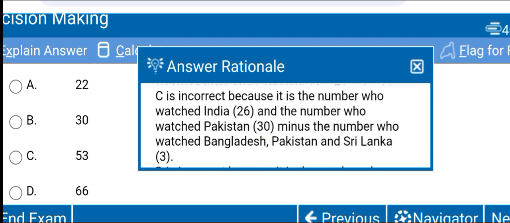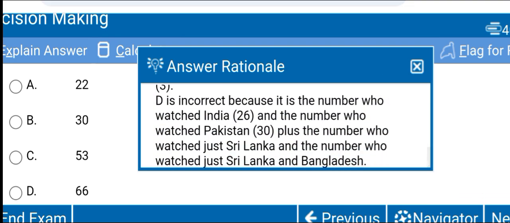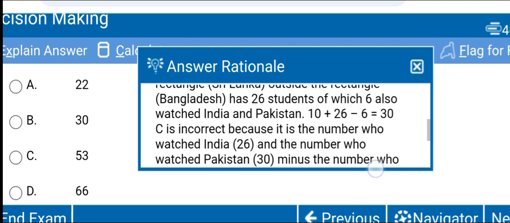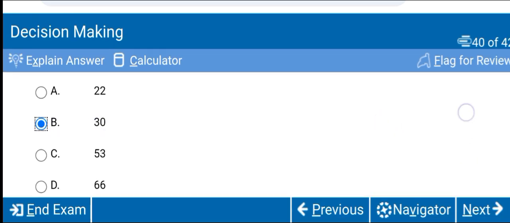C is incorrect because it is the number who watched India and the number who watched Pakistan minus the number who watched Bangladesh, Pakistan, and Sri Lanka. D is incorrect because it is the number who watched India and the number who watched Pakistan plus the number who watched just Sri Lanka and the number who watched just Sri Lanka and Bangladesh. So the correct option is option B, which is 30.